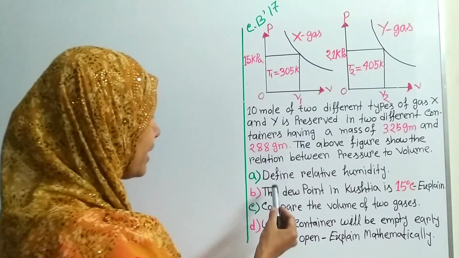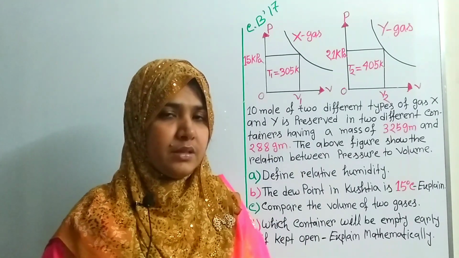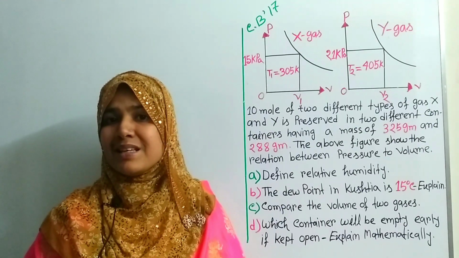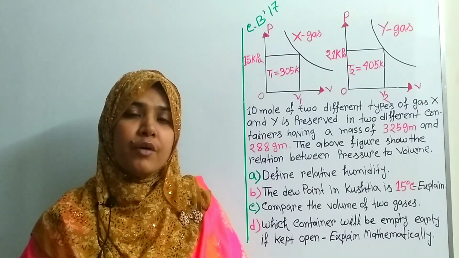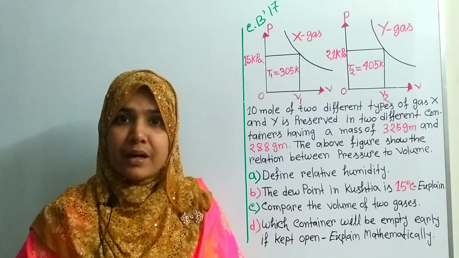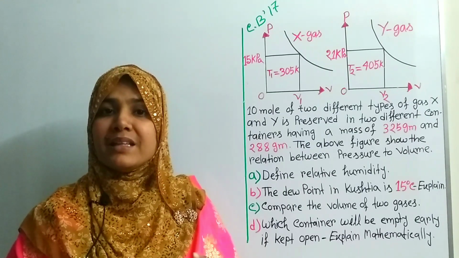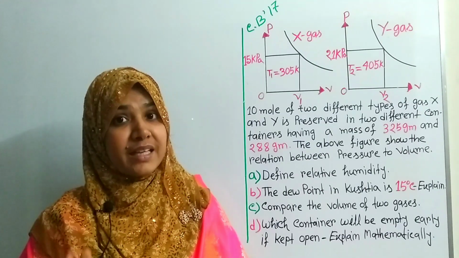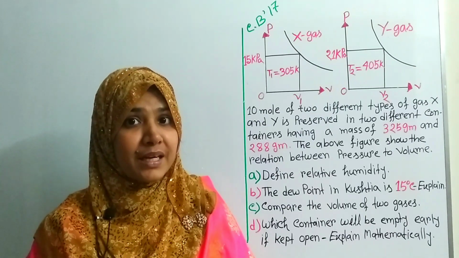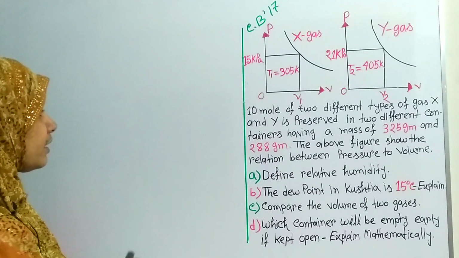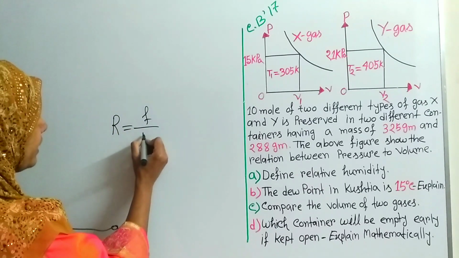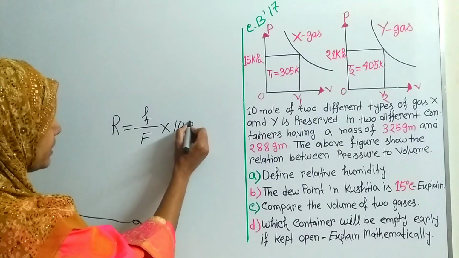Now, question number A is define relative humidity. Humidity is the ratio of mass of water vapor present in a particular volume of air at a particular temperature to the water vapor required to make the air saturated at that temperature, and relative humidity is denoted by capital R. So we can write that R is equal to small f by capital F into 100%.